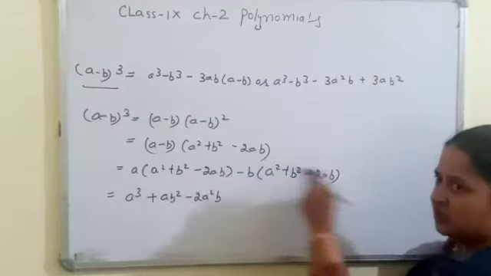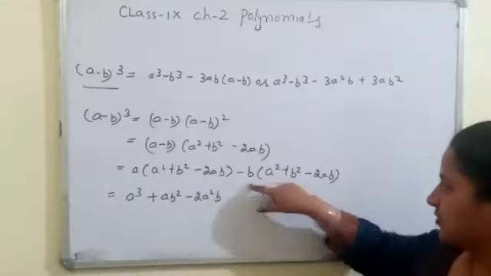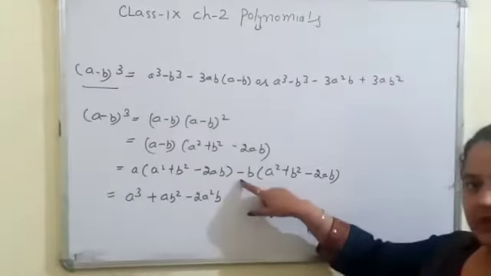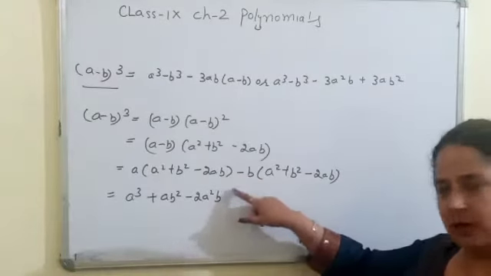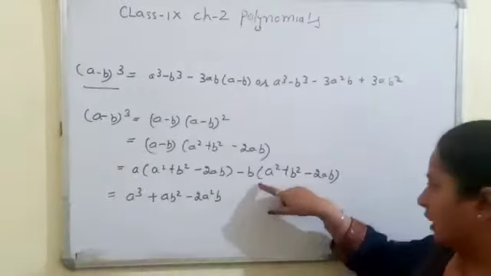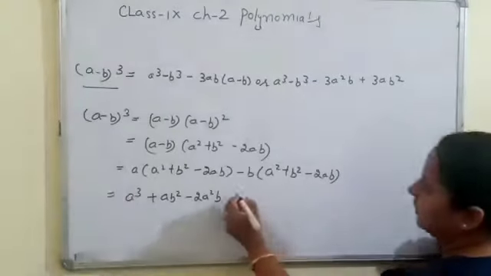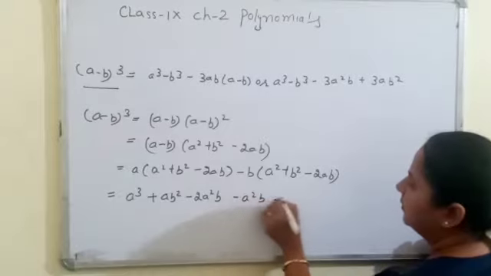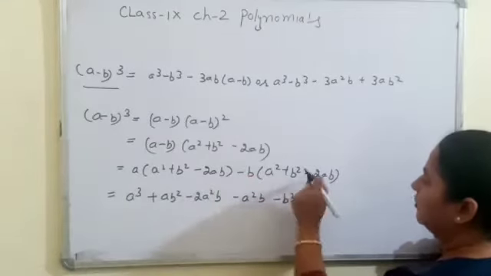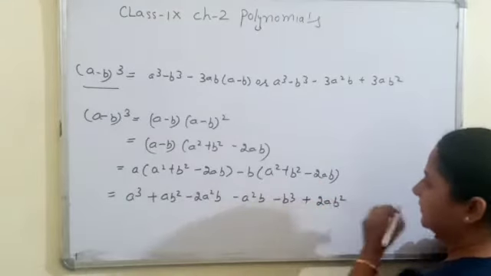You can check here, before starting the multiplication, there is a negative sign outside the bracket. So when we do the multiplication, we will change the sign of all these three terms. So it will become minus a square b, minus b cube, plus 2ab square.